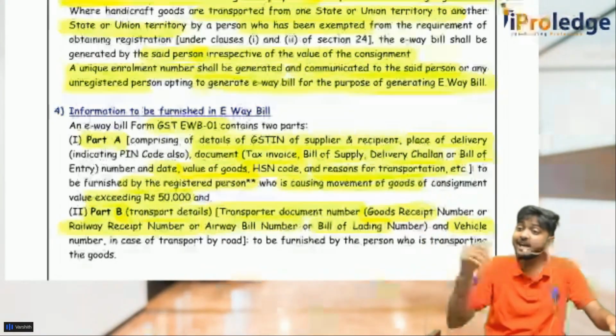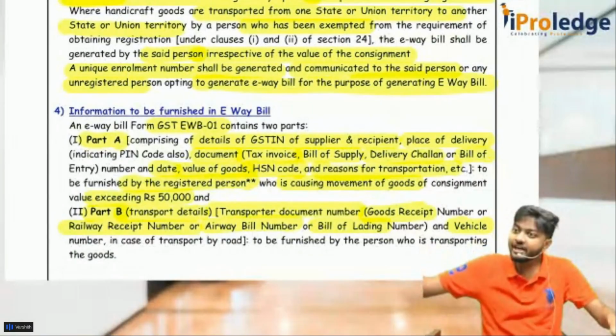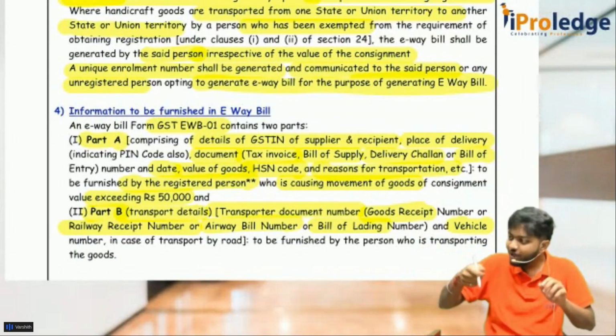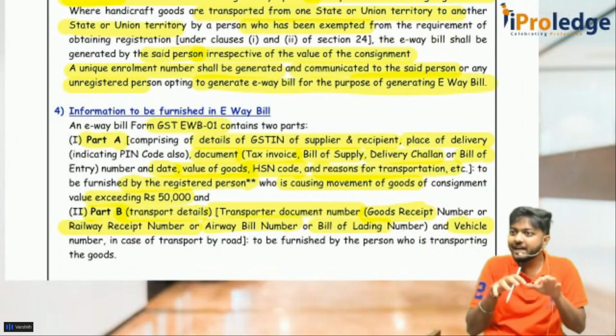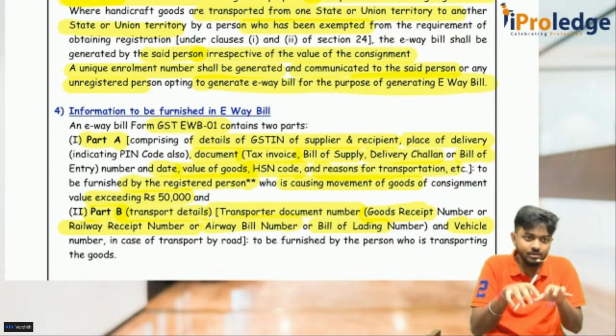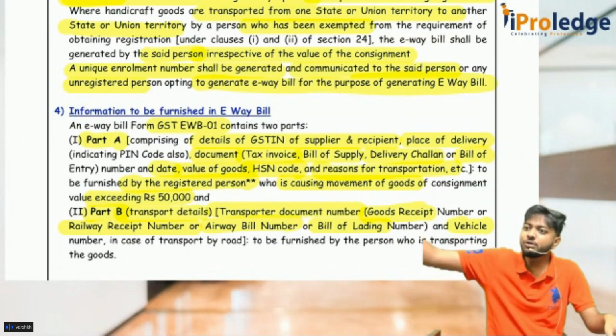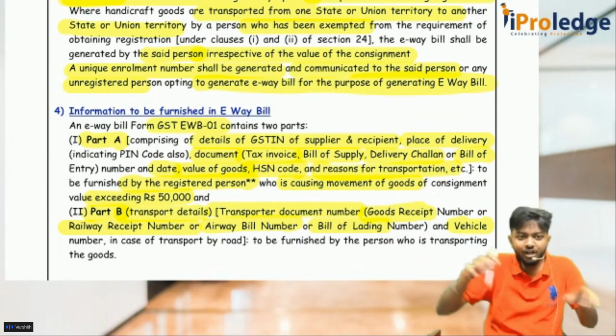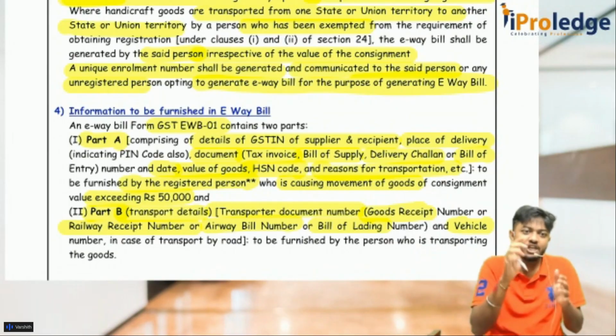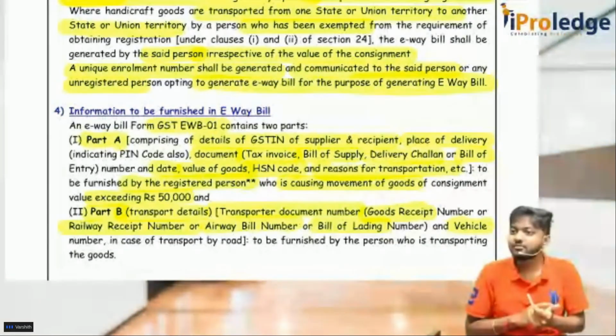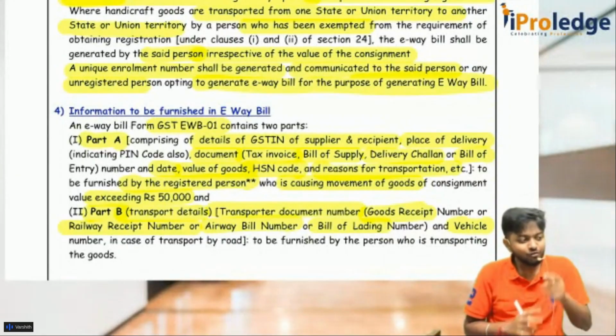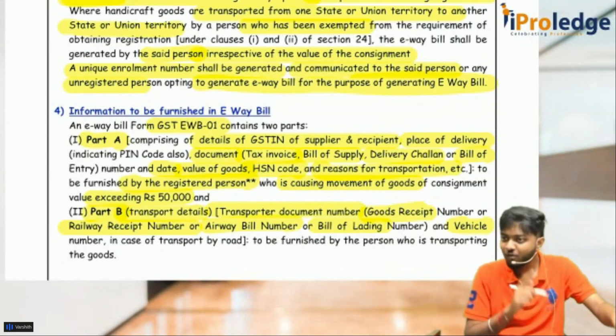But when will we generate the e-way bill? Not after the movement has started. Much before you give the goods to the transporter, you will generate the e-way bill. First you generate the e-way bill, then you will give the goods to the transporter. When you're generating it, you don't know the registration number. That is the problem. What to do? You'll see later what they have told.